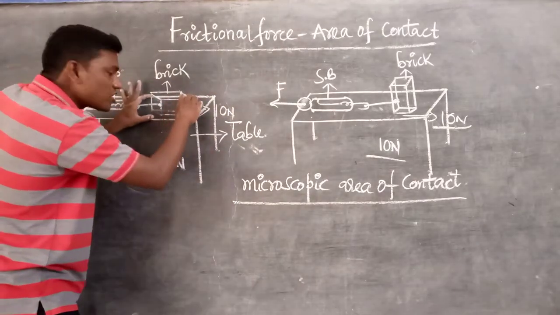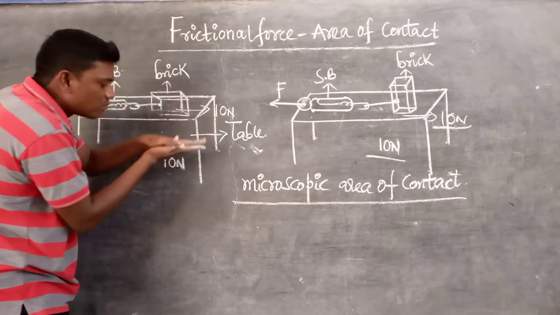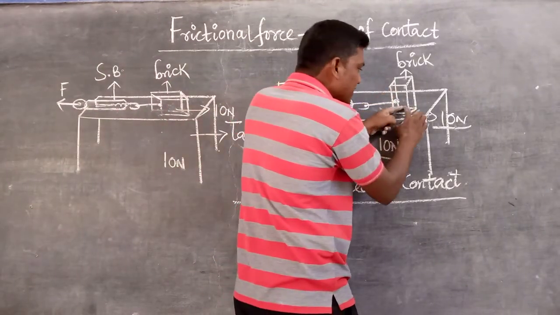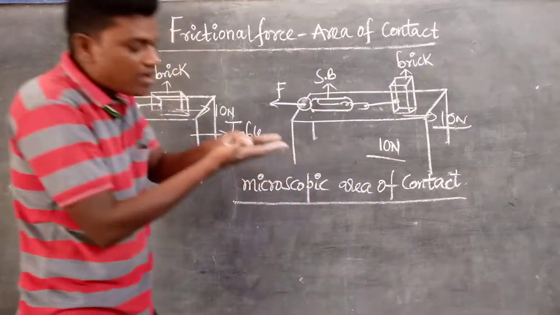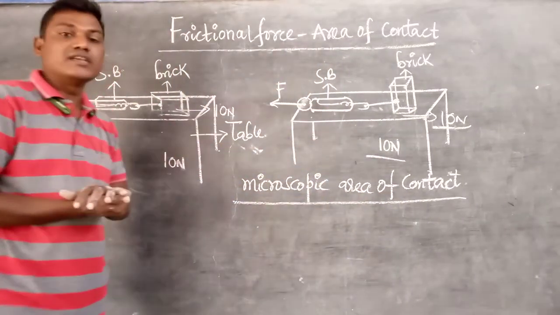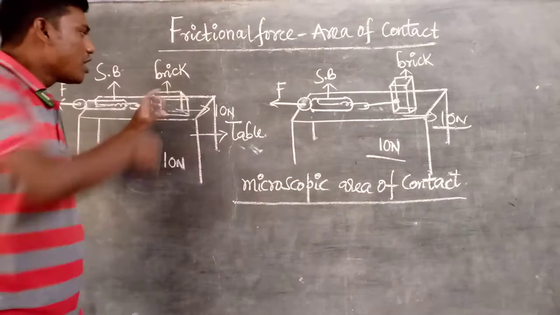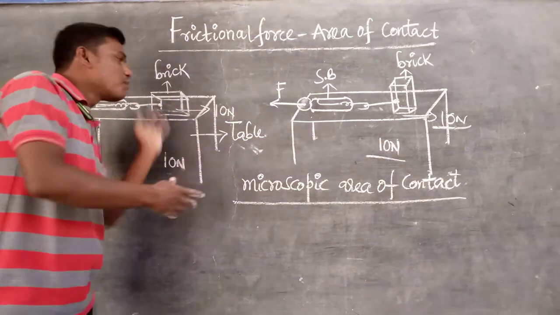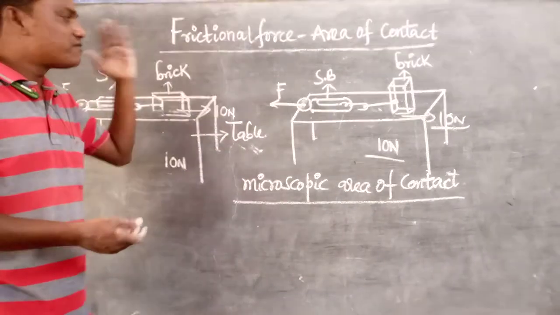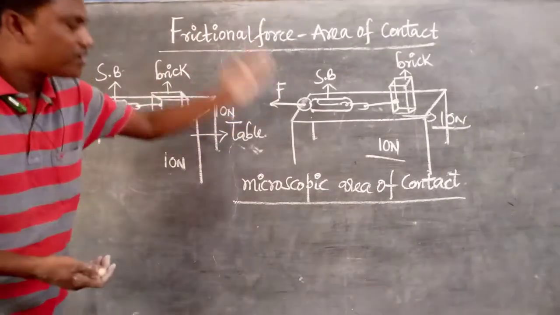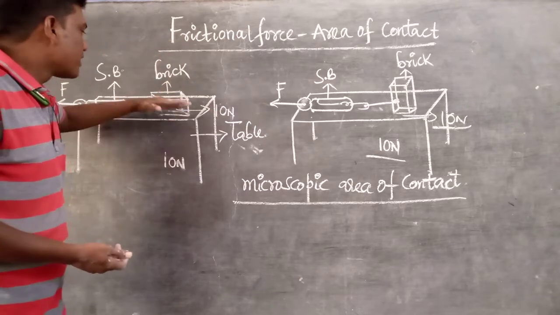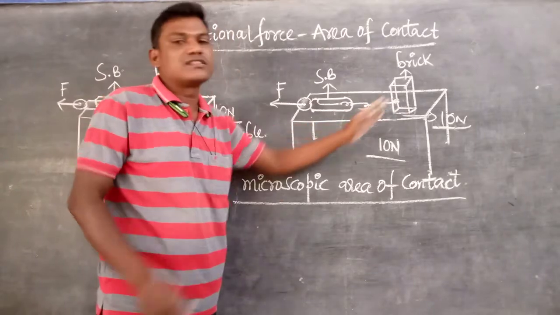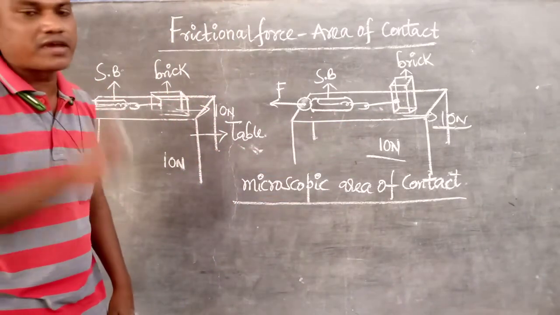When the brick is placed horizontally, the area of contact with the surface of the table is more. When the same brick is placed vertically, the area of contact with the surface of the table is less. So in this experiment we change the area of contact with respect to the table. But in both cases, the frictional force offered on the body is the same, whether the body is horizontal or vertical.